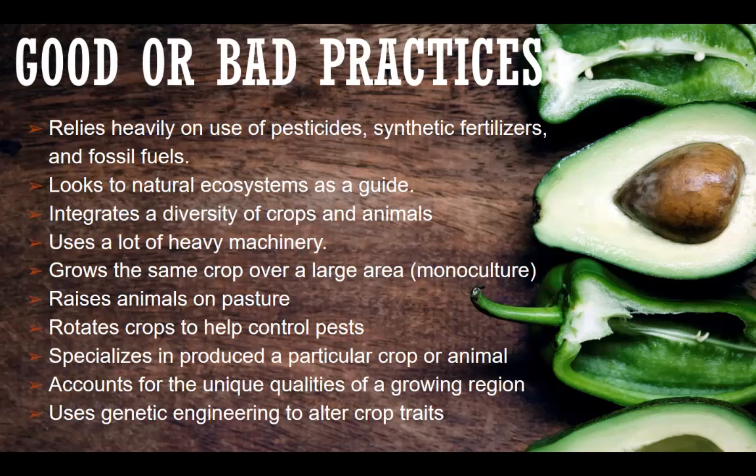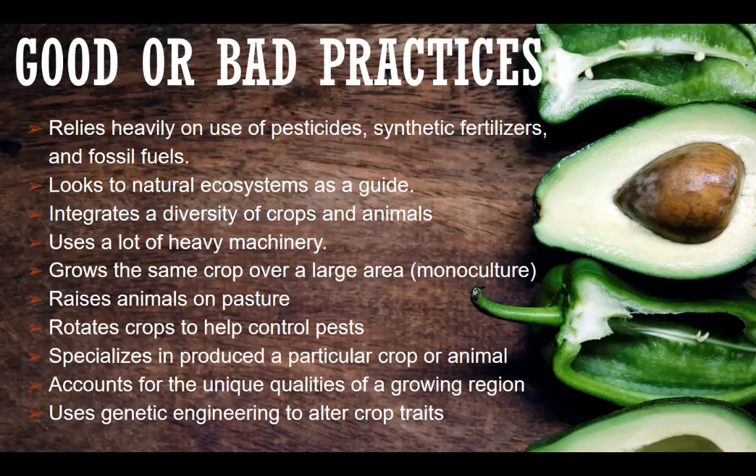Six, raises animals on a pasture. Seven, rotates crops to help control pests. Eight, specializes in production of a very particular crop or animal. Nine, accounts for the unique qualities of a growing region. And 10, uses genetic engineering to alter crop traits.